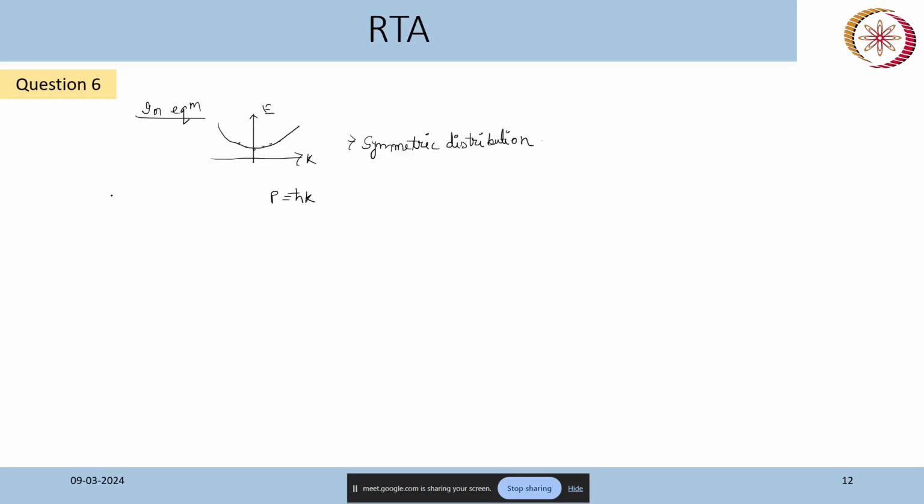The distribution will change, maybe the number of carriers increases on one side. The distribution function can be written in two terms: the symmetric term, where the distribution is symmetric on both sides in momentum space, and an asymmetric term that accounts for the external perturbation. Let me write it first.